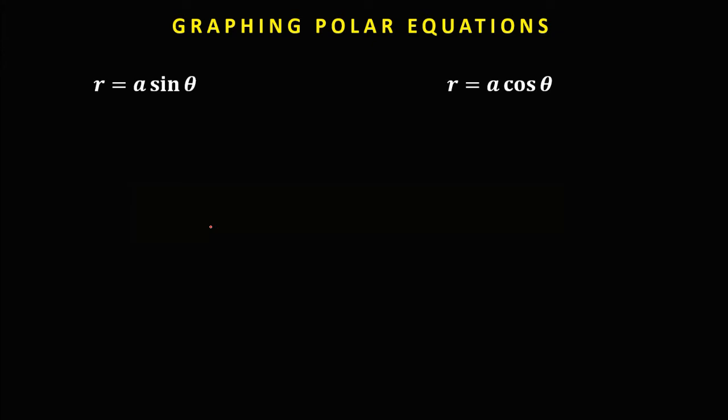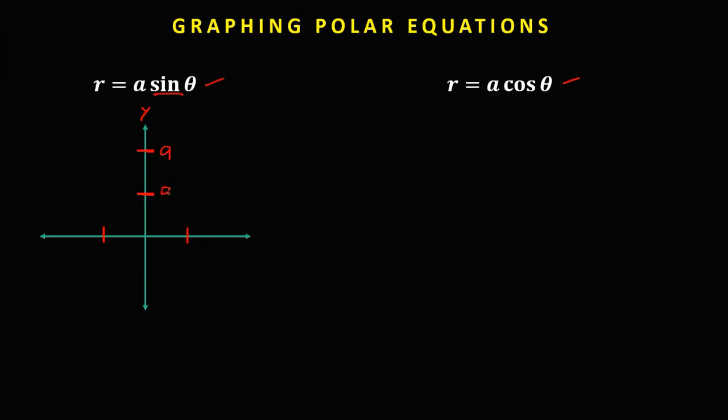So if the given polar equation is in this form, r equals a sine theta and r equals a cosine theta, the graph is a circle. For r equals a sine theta, the graph is on the y-axis. So this point is a.